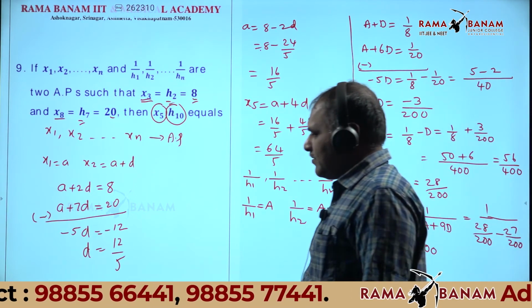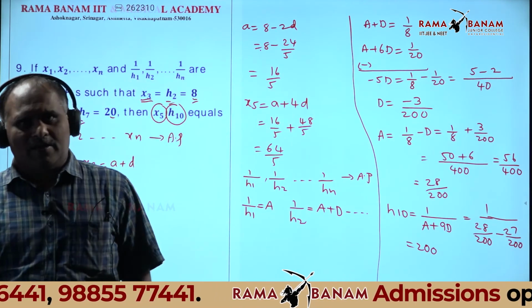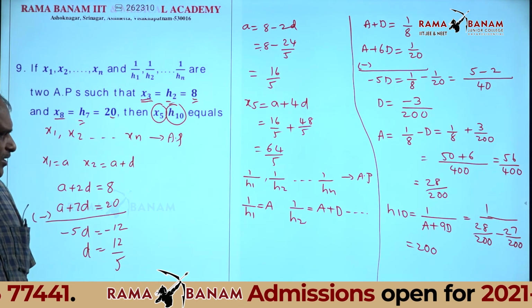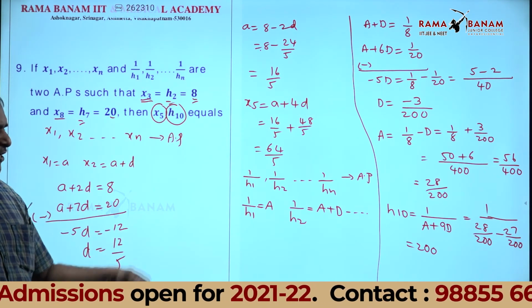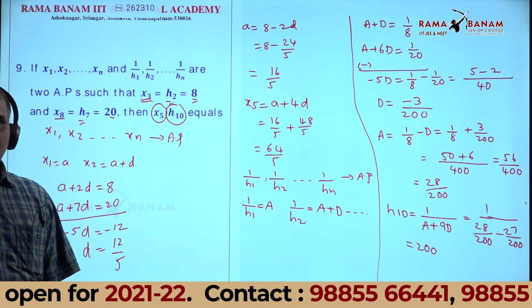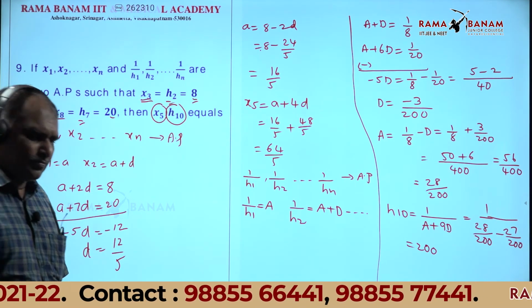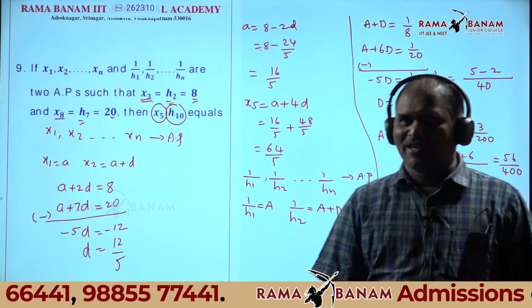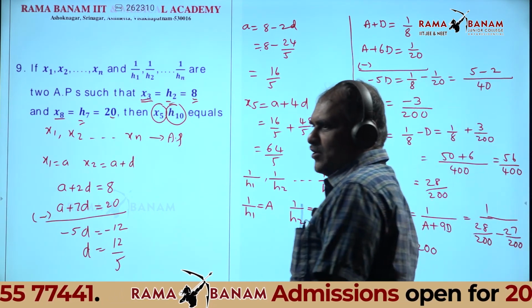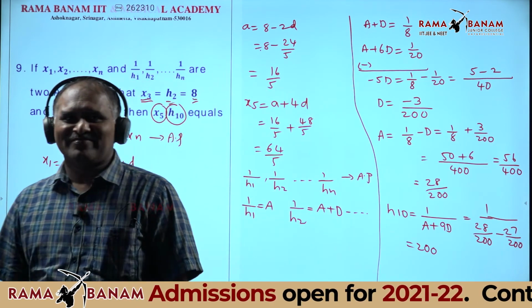That means 64 into 4. What is 64 into 4? 2560. That is the answer, 2560. Do you understand? Yes, sir.